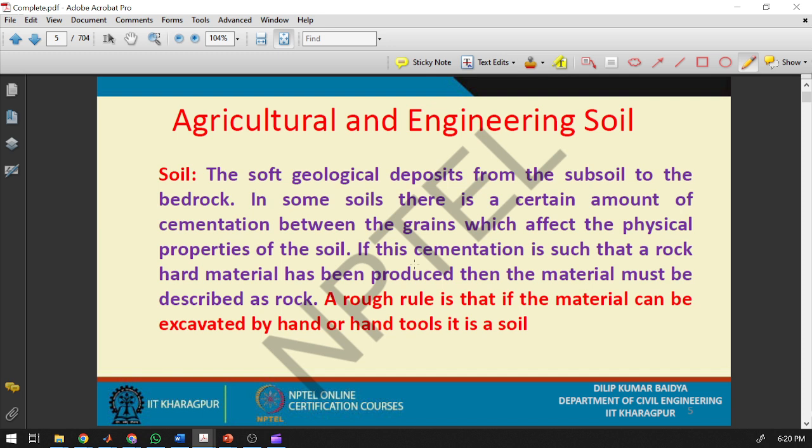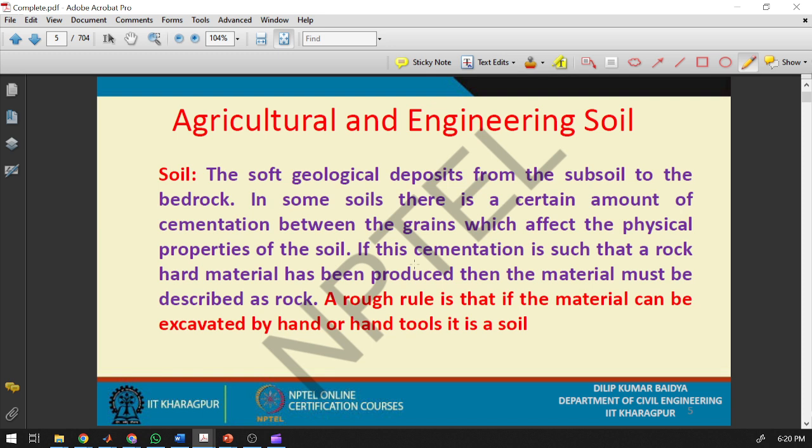But as opposed to this, engineering and agricultural soil are not basically two different things; these are different fields. When we talk about agriculture, it's a science. Engineering and geotechnique is an engineering science. In agriculture, we talk about the science of plant growth and nutrition.